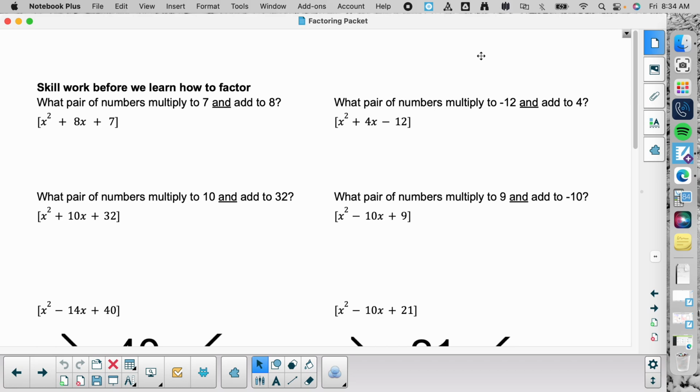Okay, before we get to actually factoring, we're going to go over the skill you need for the factoring. And that's what this page is. This page is only going to take us a couple minutes, but I thought it would be a good idea to practice it before we do the problems.